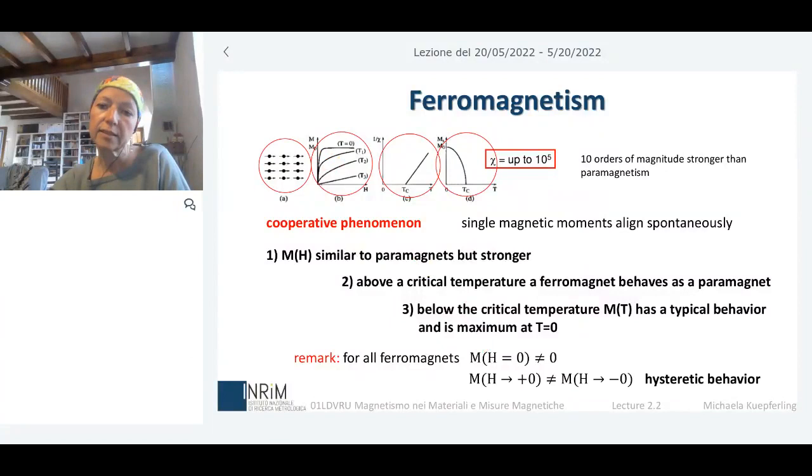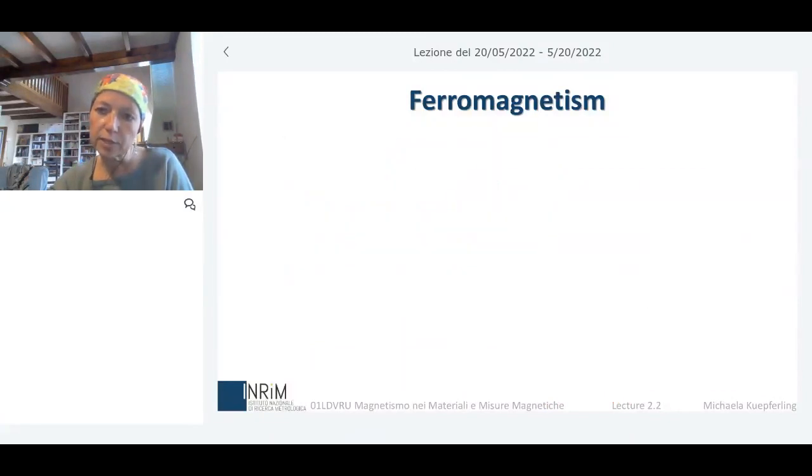And we have hysteresis, so coming from positive fields or coming from negative fields will not give the same magnetization value. We will have a positive value and a negative value. And this value, I mentioned this last time, is called the remanence. So the remanence is not the same if you're coming from positive or negative magnetic fields. So we have hysteresis.